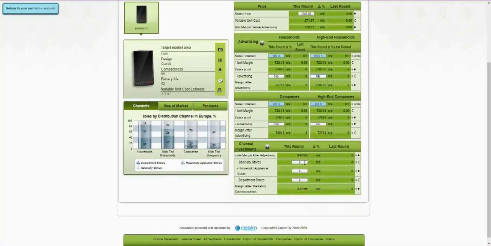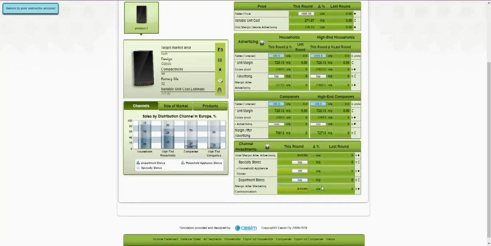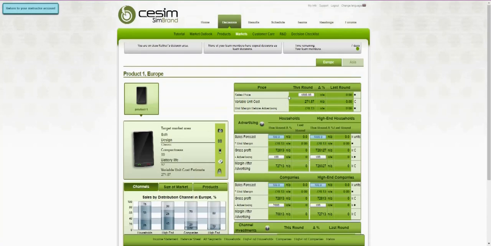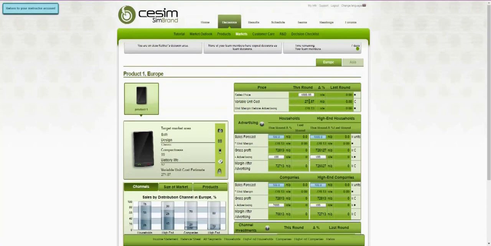We can then think about the channel investment. So how much are we going to invest in our support for our different retailers? And then based on our sales figures and things that we've put on here, it's saying what our sales price is, what our variable costs are, and then our unit margin before advertising.